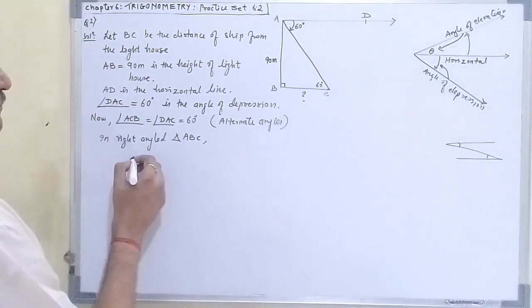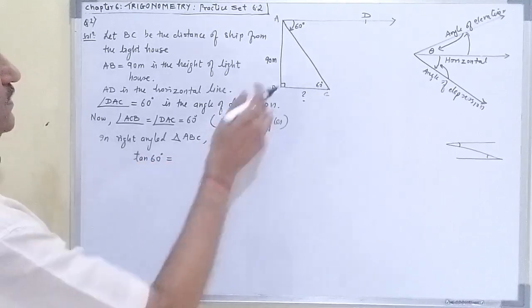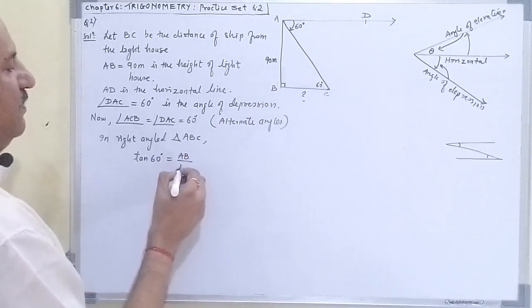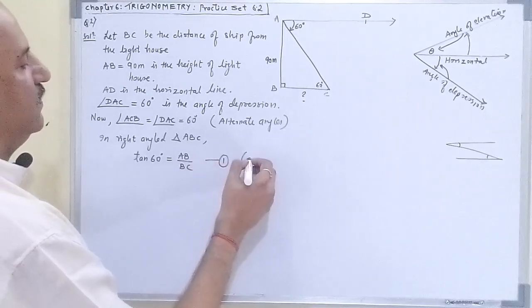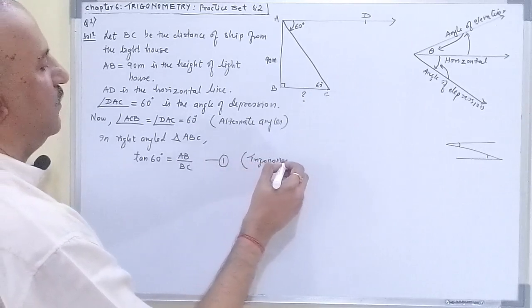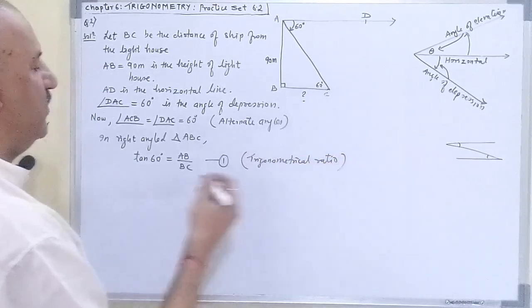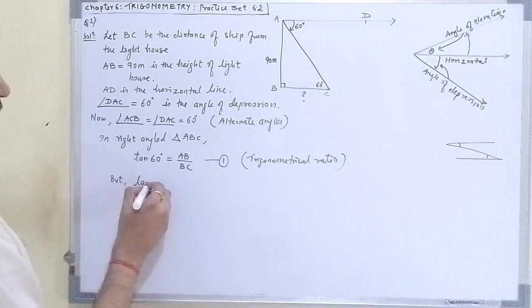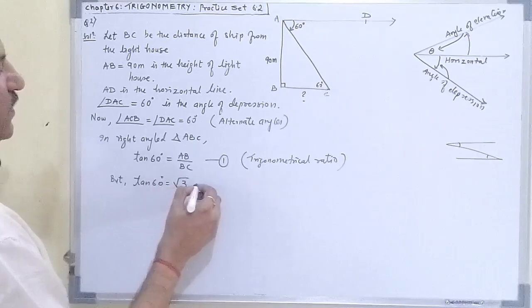So tan 60 degrees is opposite upon adjacent, AB upon BC. This is the first trigonometrical ratio, but what is the value of tan 60? √3.